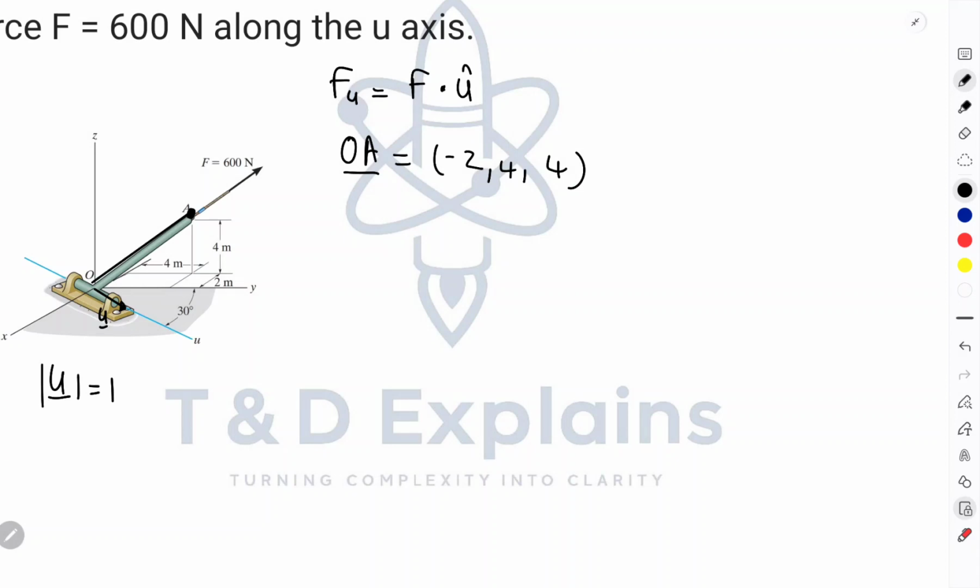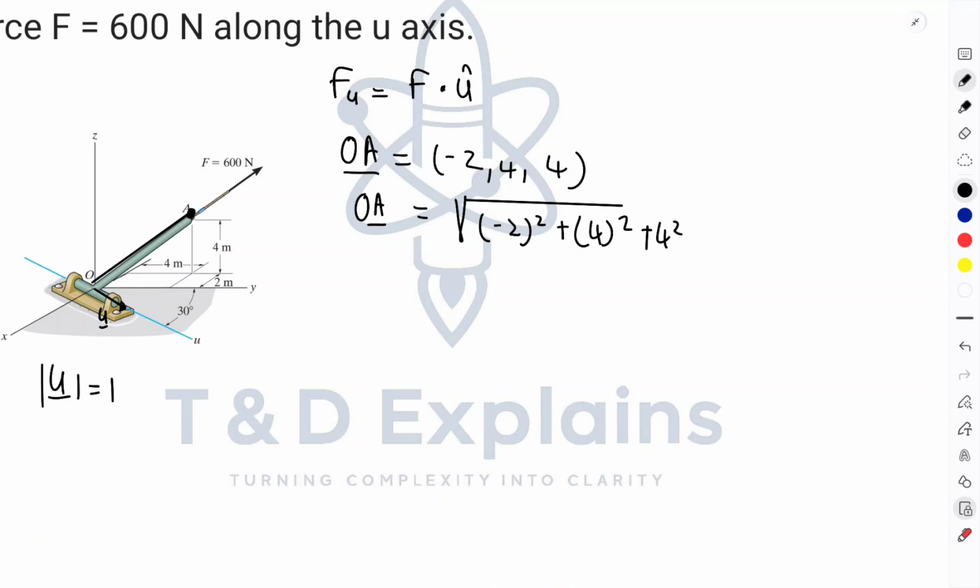Now we do have OA. The magnitude of OA is going to be equal to the square root of negative 2 squared plus 4 squared plus 4 squared. That's 4 plus 16 plus 16, 32 plus 4, 36, which is going to be 6.